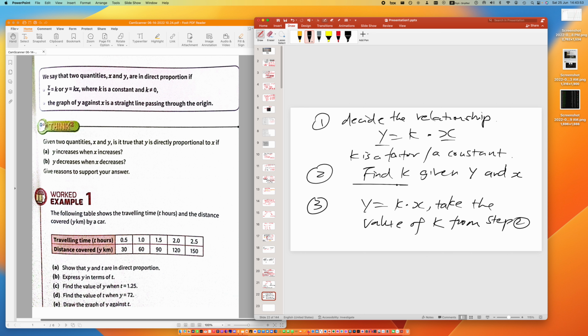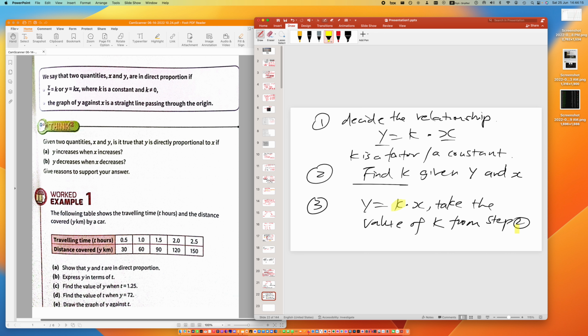Your step 2 will give you a value of k, so you just write y equals kx, but the k will be the value from step 2. Then that's it.